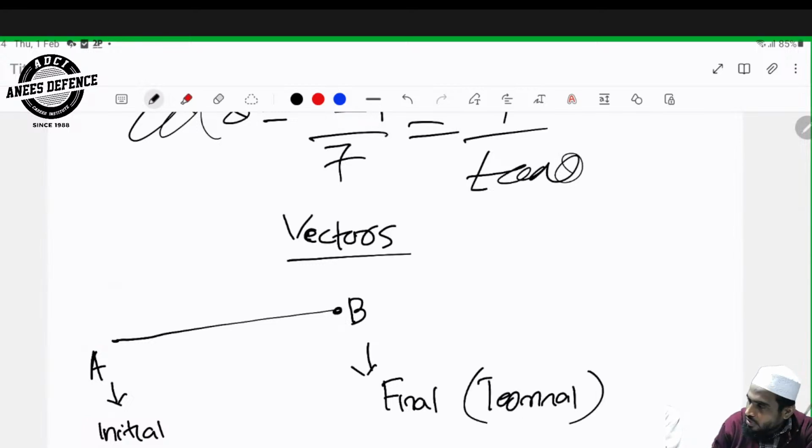So the vector can be represented as AB, meaning from A we have started and the terminal point is B. So vector means AB.